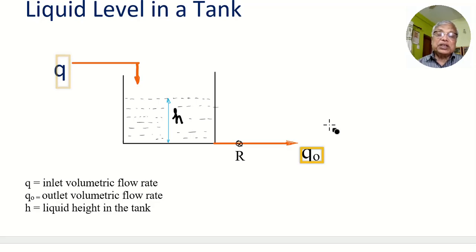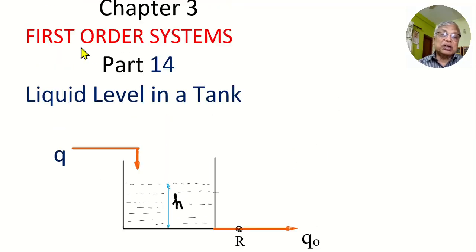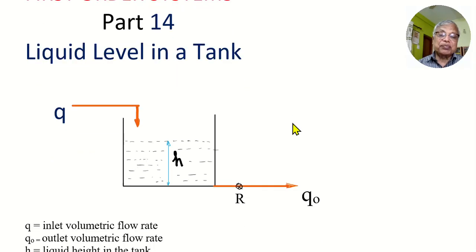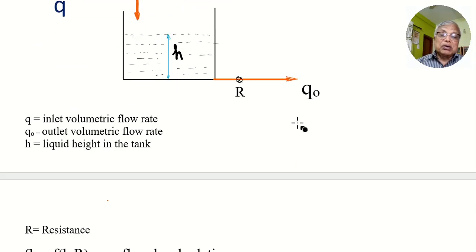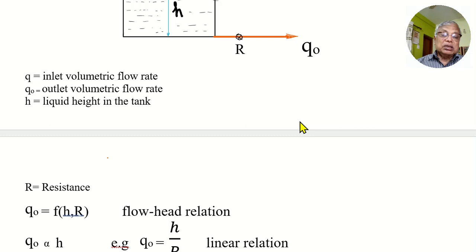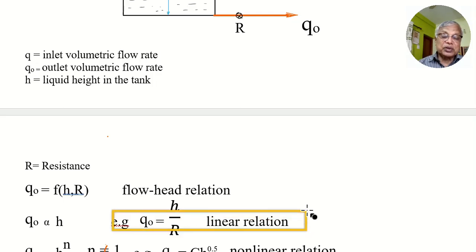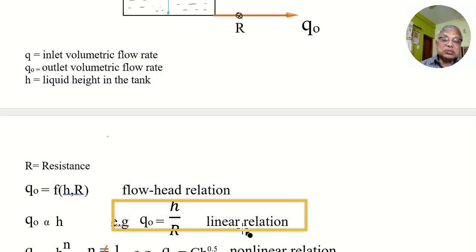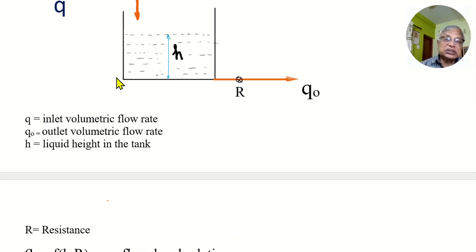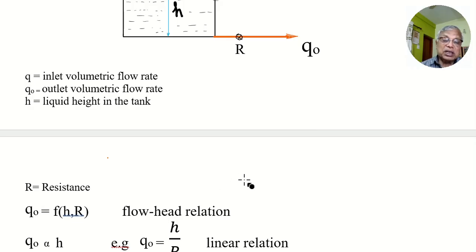Each of them will be a first order transfer function of the form K by tau s plus 1. They can be derived directly provided the flow head relationship is linear.